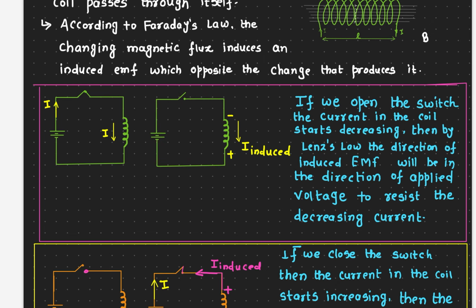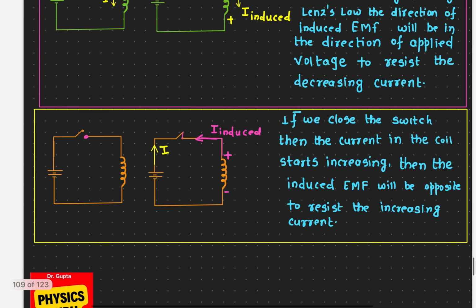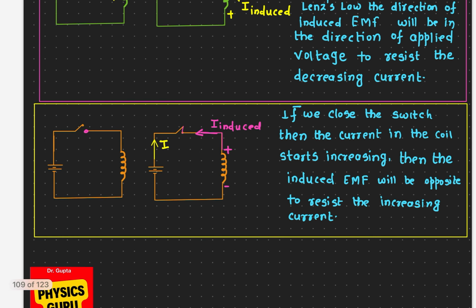Okay, let's take another case here. In this case, we have an open circuit, and this is an inductor, and that's a battery source here. The moment we connect the switch, or turn on the switch, the magnetic field starts increasing, and it does not increase immediately.